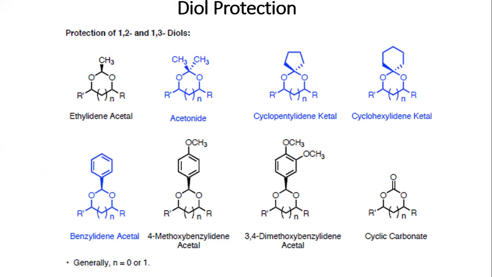There are a lot of different ways to protect diols, but probably the easiest way is to convert a diol into an acetal, right? So you can have 1,2 or 1,3 diols, and both these methods work for both. You can see that you can do an ethylidene acetal. You can do an acetonide, which is here, and that's just treating the diol with acetone. You can do a cyclopentylidene ketal, which is right here, right?